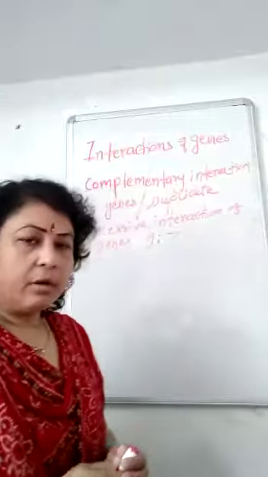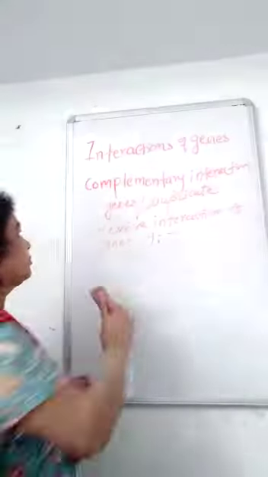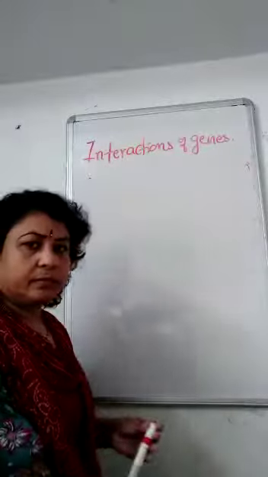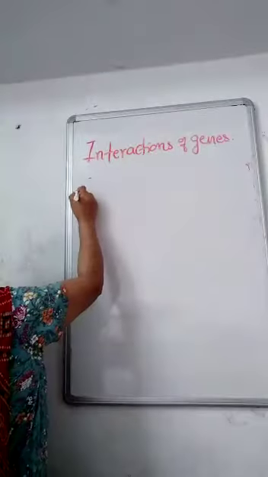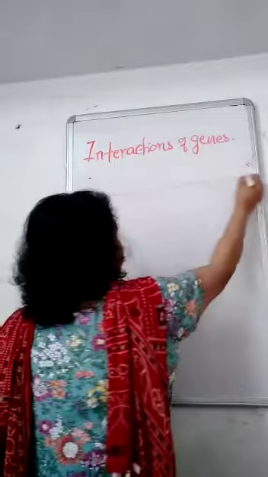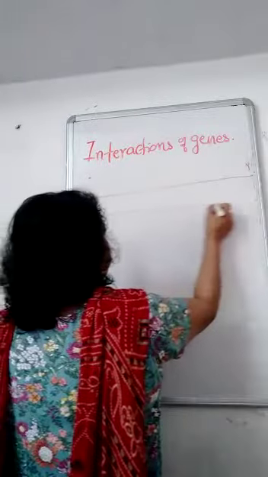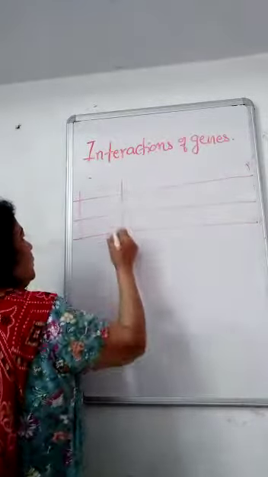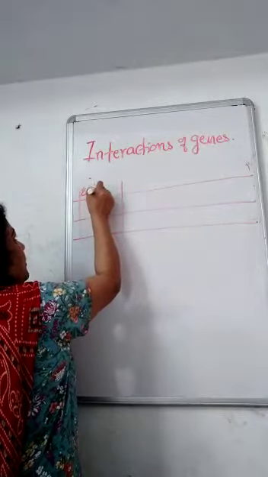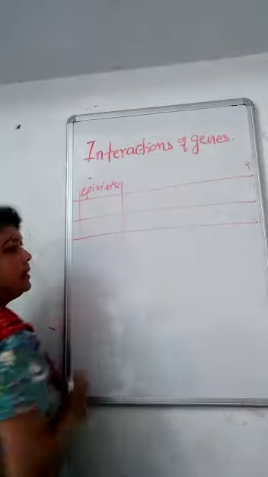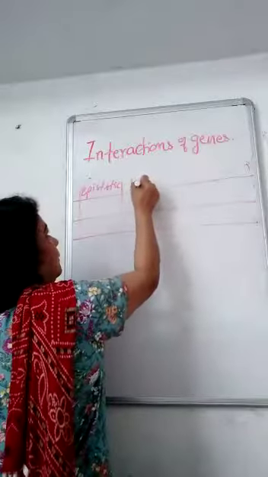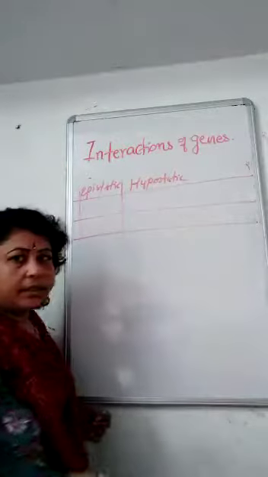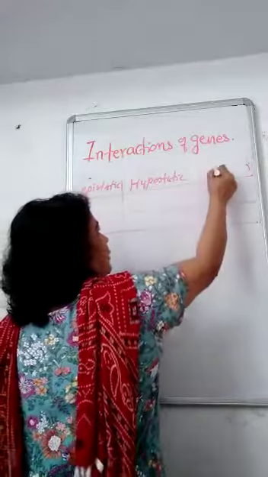So here we will draw one table. So it is epistatic allele, it is hypostatic allele, and here the phenotypic expression.